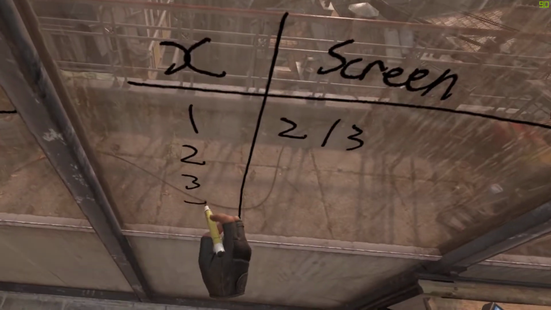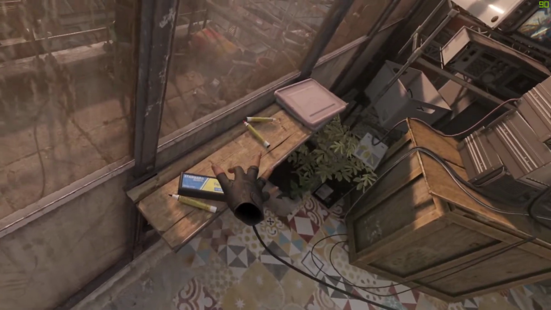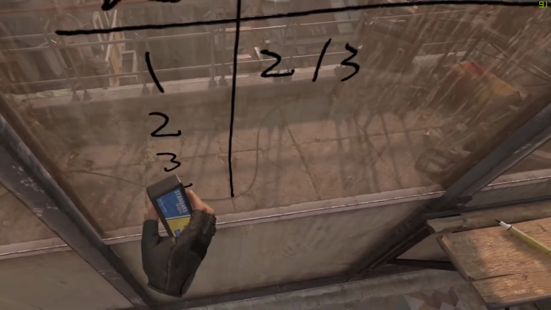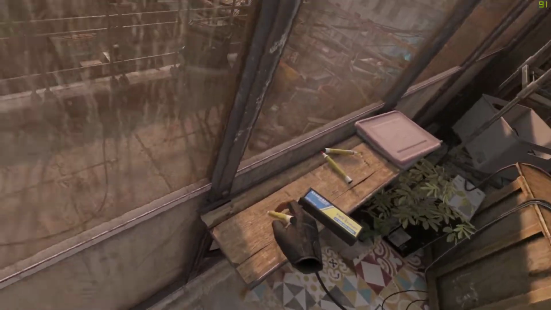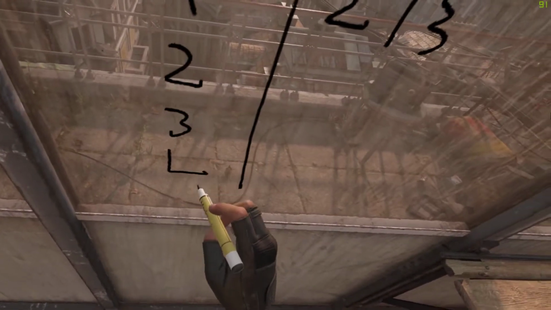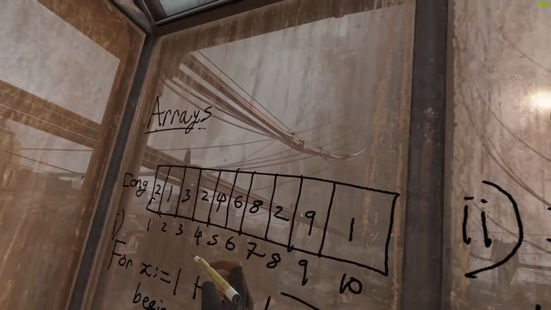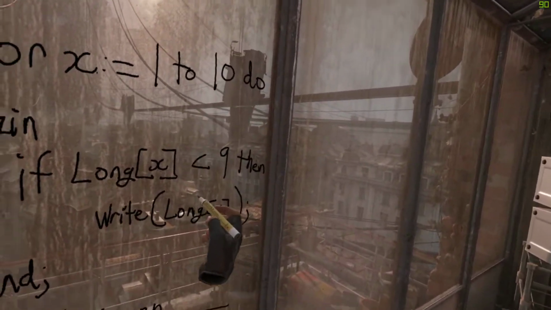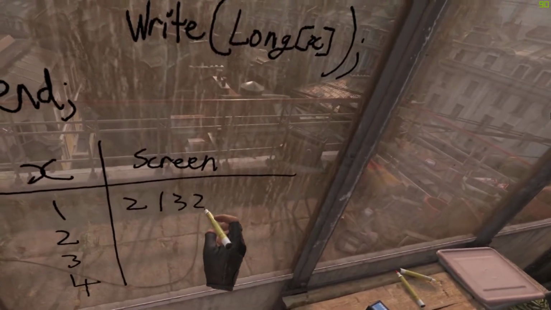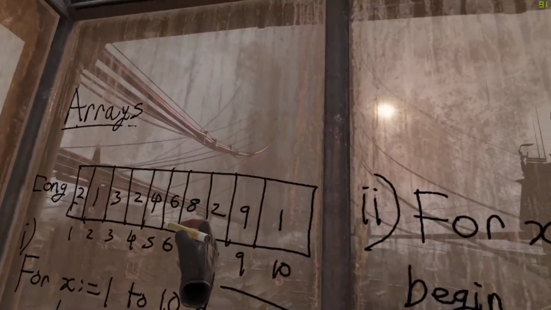X becomes 4. We check long location 4. Yes, it's 2. Is 2 less than 9? Yes it is, so we print out 2. All right, so we keep doing that. All of these numbers will get printed out because they're all less than 9.